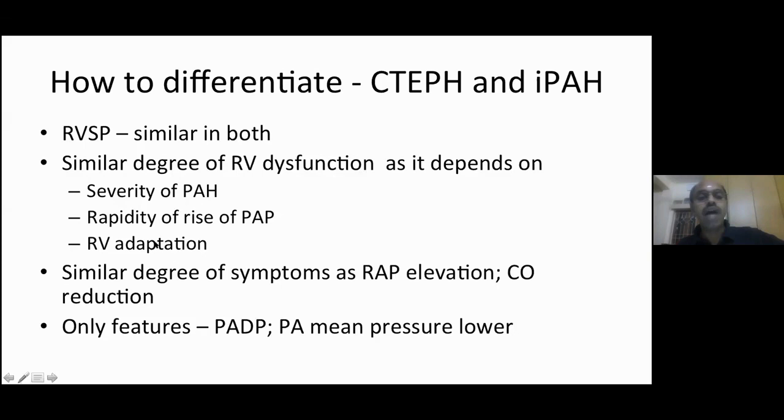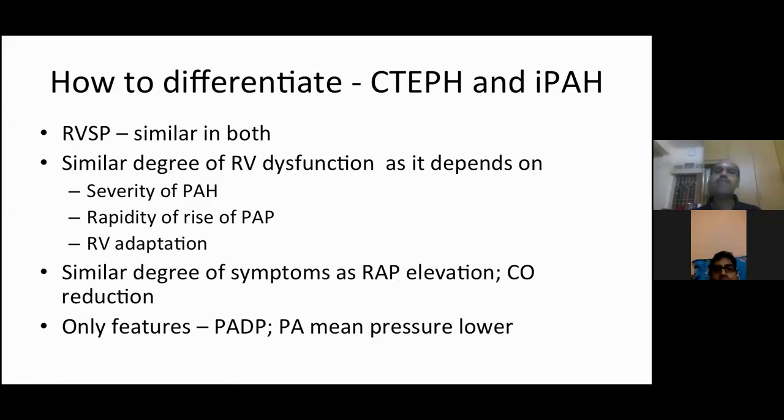Because the RV dysfunction is common, similar degrees of symptoms due to RA pressure elevation and fall in the cardiac output will happen between the two. The only difference will be that the PA diastolic pressure and the PA mean pressure will be low. So if you are using an echocardiographic index, the PA systolic pressure by RVSP measured by TR jet will be quite high. However, you will not be able to get a very, very high level of PA diastolic pressure as in idiopathic PAH when you are analyzing the pulmonary regurgitation Doppler trace.